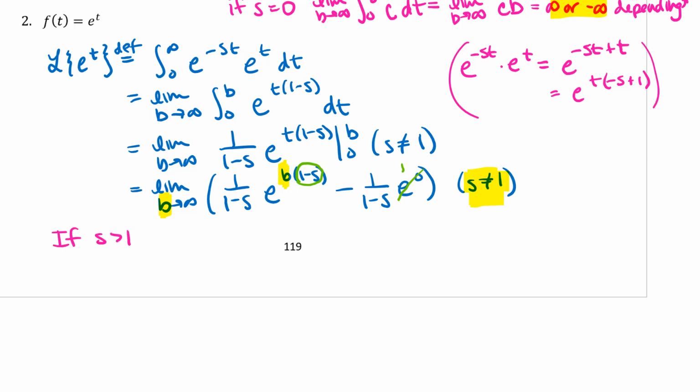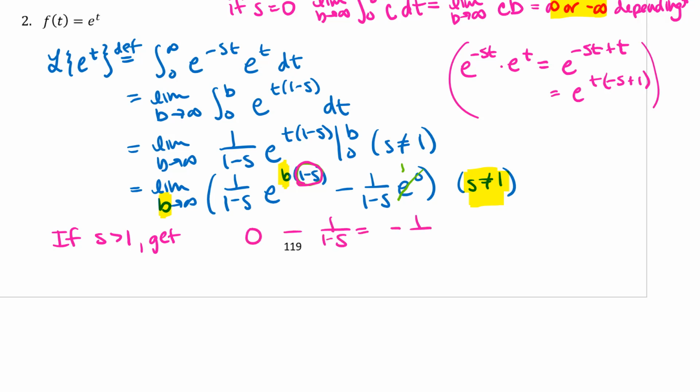All right, so let's consider if s is greater than 1 first. If s is bigger than 1, then this exponent, 1 minus s, will be negative. So that first term in that limit, we will get 0, and then minus 1 over 1 minus s.